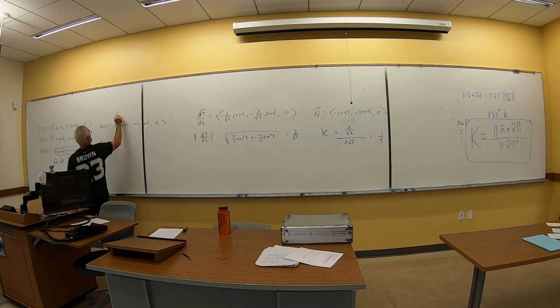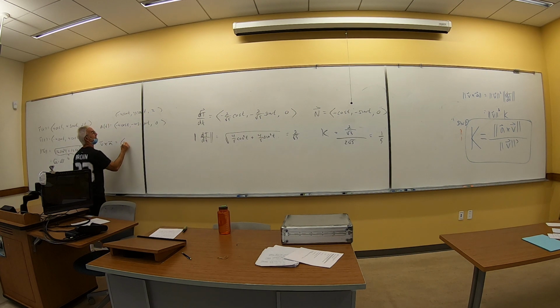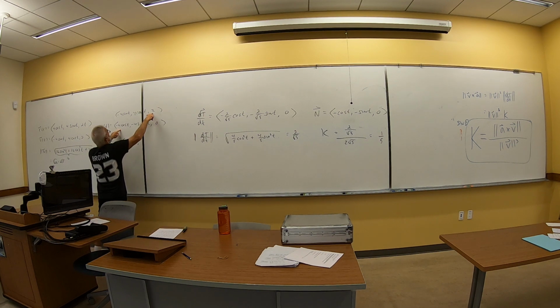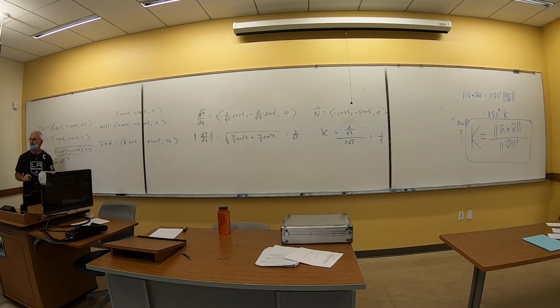Now I want v cross a. To do that, I'm going to put the v above it because it's easier for me if I can see it. So 0 minus, so that would be 8 sine t, -8 cos t, 0, and then 16 sine squared plus 16 cos squared. Agreed? Now, what are the nice things about magnitudes? Even if I mess up the signs on my cross product, will I still get the right magnitude?